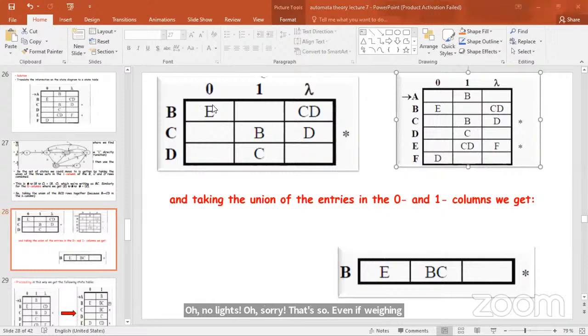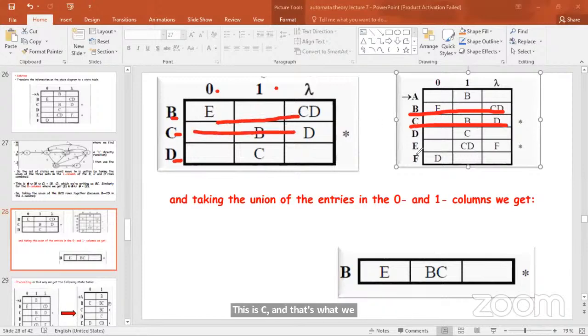So look at this. We want to look at the union of B, C, and D. So we write out what makes up B, what makes up C, and what makes up D under 0, 1, and lambda. Look at B here. This is B, and this is what we have put here. This is C, and that's what we have put here. And this is D, which is what we have put here.